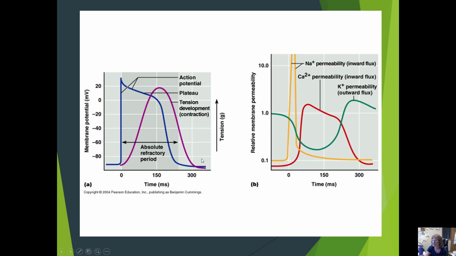This purple graph shows how much tension or contraction will develop during this time. We'll talk about that briefly, but it's not really important in what we're going to talk about right now.